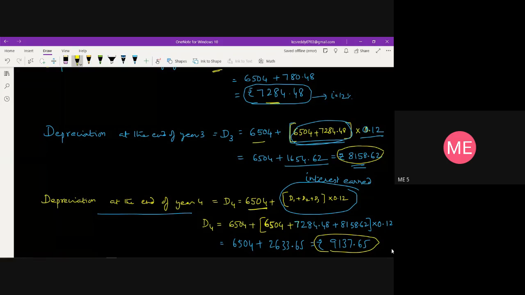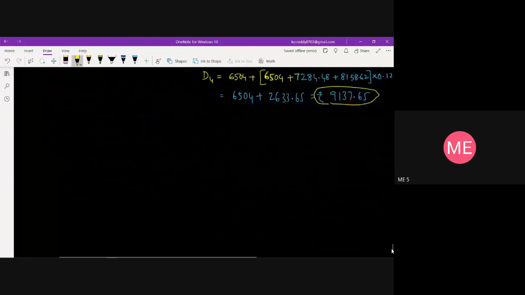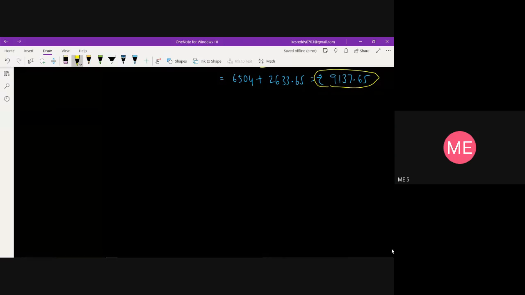Likewise, we need to calculate for all the years. I have given some illustration of how you can calculate this. For that we have a tabular column: end of year, and fixed depreciation, which we calculate by using the annuity interest factor.